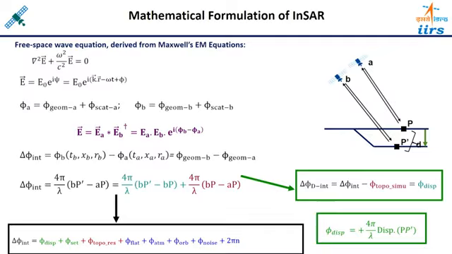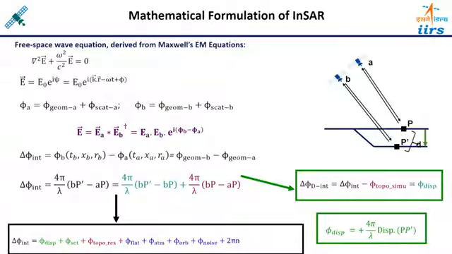Now keep in mind, deformation analysis is not the only application of interferometry. From this equation you can see phi topography is also there. It means if you want to generate the DEM from interferometry, that is also possible. In that case our interest will be here, and the other components are unwanted.